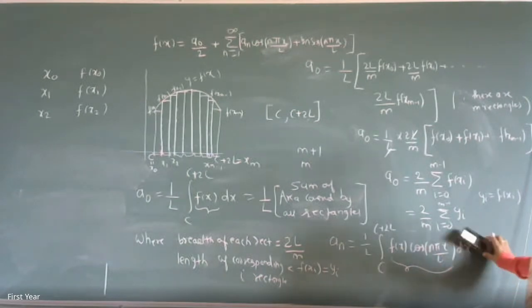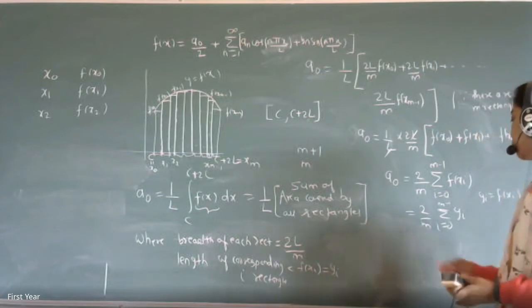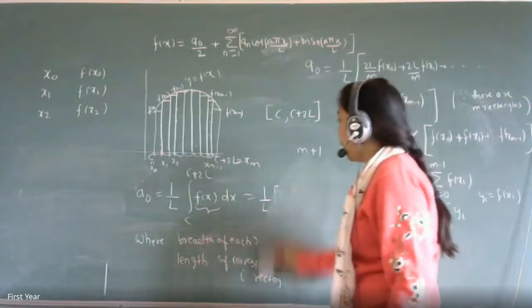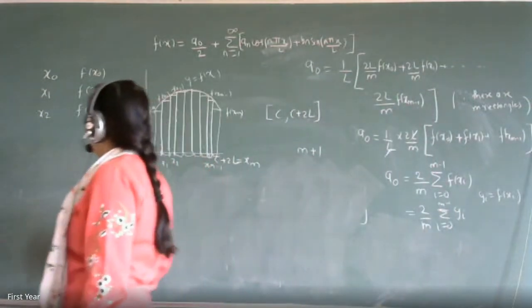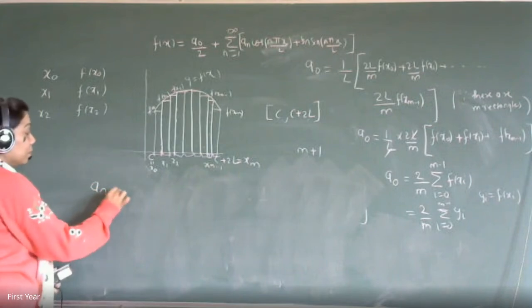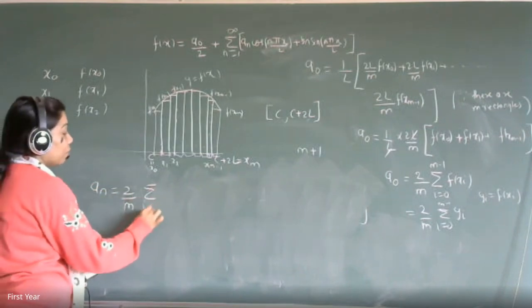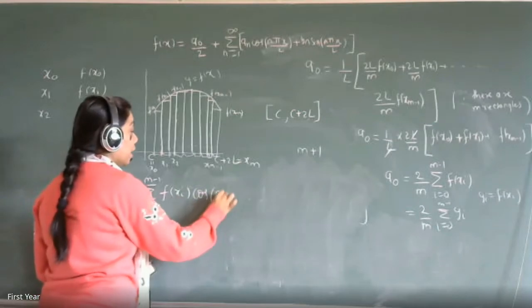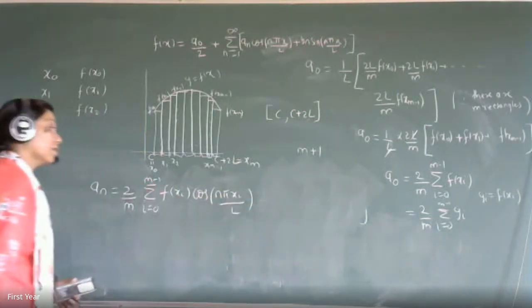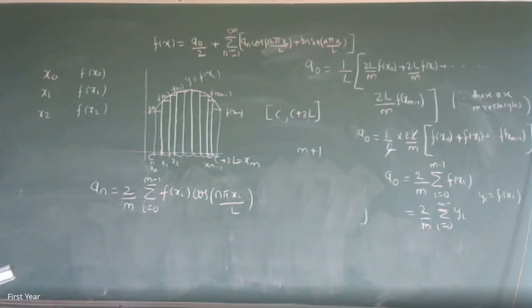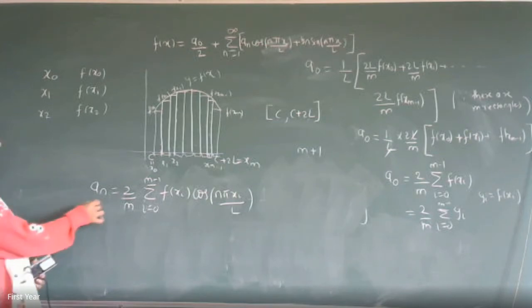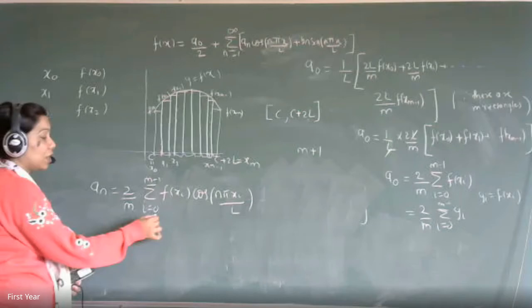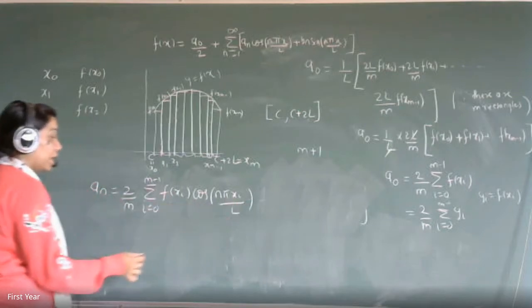Okay. Using the same method for an, we get an is equal to 2 by n summation i from 0 to n minus 1 f of xi cos of n pi xi by n.